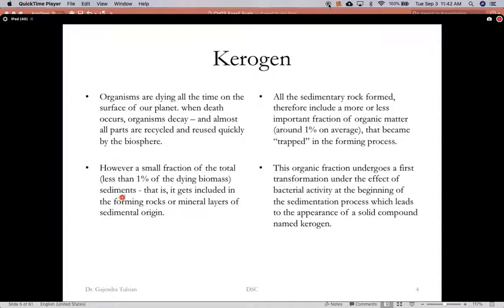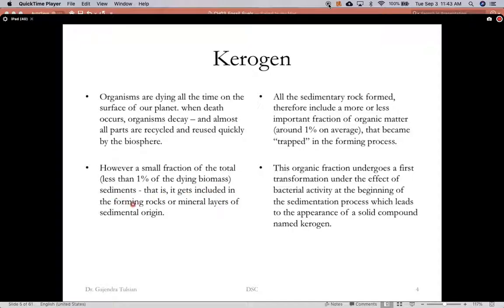What this means is the plant or animal dies and falls to the bottom of a lake or an ocean, and then you have sediment, sand particles, and all that overlay on it, and under pressure that becomes a rock, a sedimentary rock. Okay, so this is the process of sedimentation.